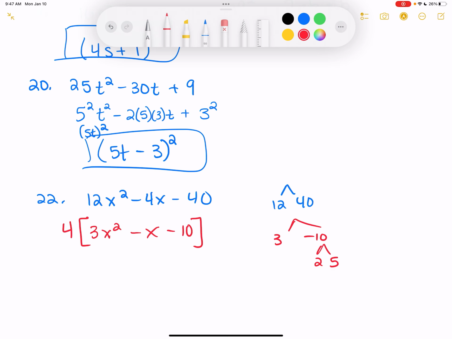So what factors would give me negative 1? I've got to use all the numbers. Whatever numbers you use have to multiply to give you 30, or negative 30, technically. So something needs to be positive, something needs to be negative. Since this term is negative, my bigger number needs to be negative.